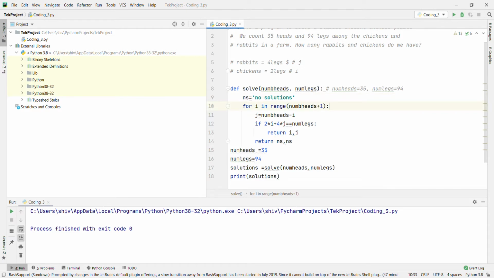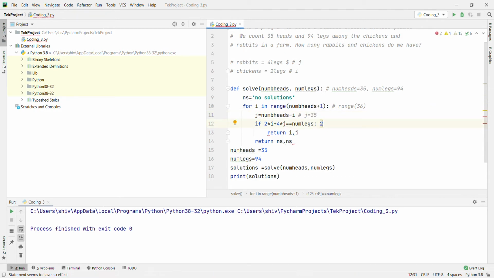The value of i starts with range of number of heads plus 1, which means 36, so i starts with 0. Then number of heads minus 0 is 35 minus 0, so the initial value of j is 35.